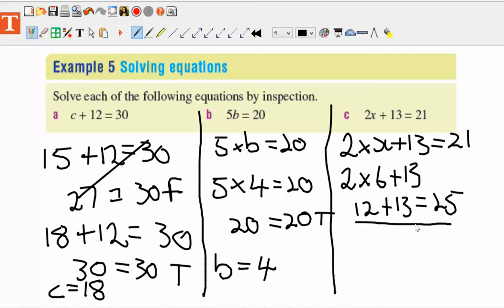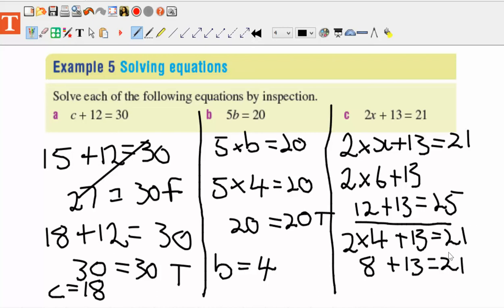Instead, I'm going to say 2 times 4 plus 13 should equal hopefully 21. 2 times 4 is 8, plus 13 is 21. So the left and right sides are equal, and that is now true. So my value for x must be 4.